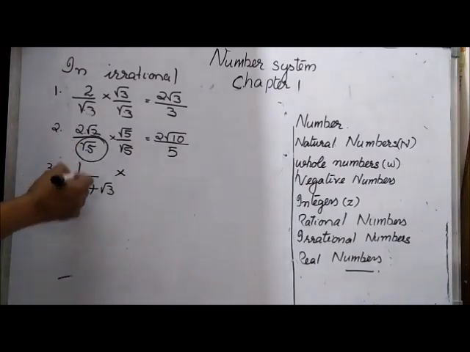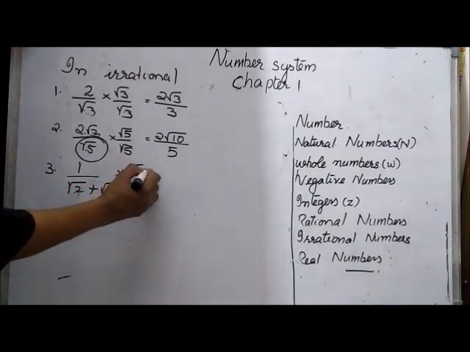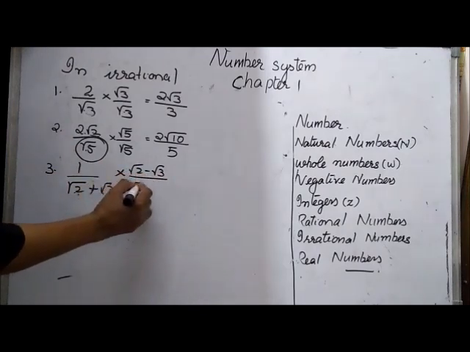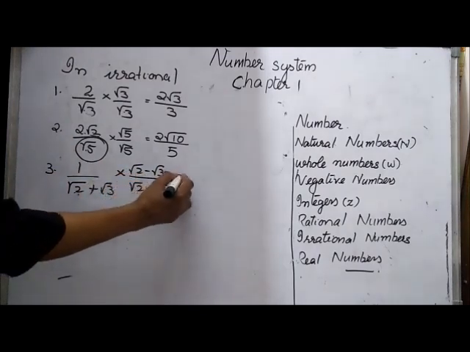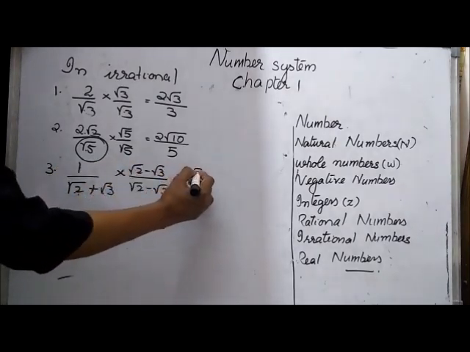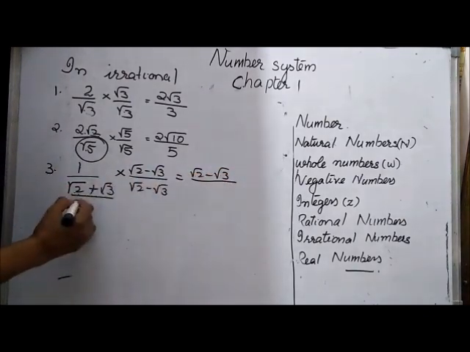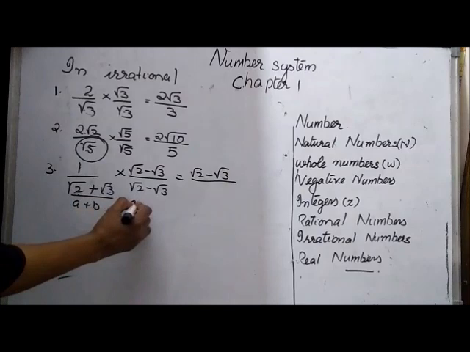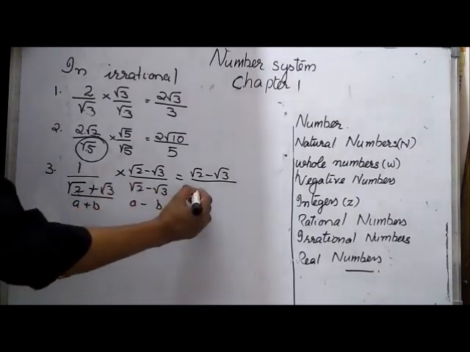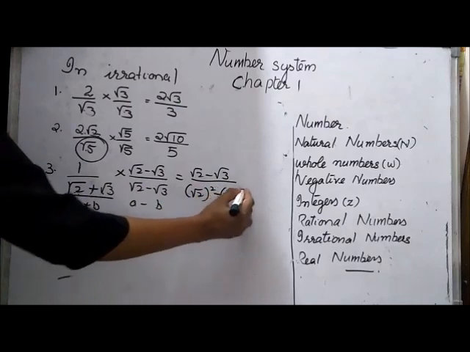Let us see. 1 by root 2 plus root 3. Now what will we do? We will take root 2 minus root 3 and multiply numerator and denominator by this. Now what happens? 1 into root 2 minus root 3 is root 2 minus root 3, divided by, here it is A plus B into A minus B, that is root 2 square minus root 3 square.